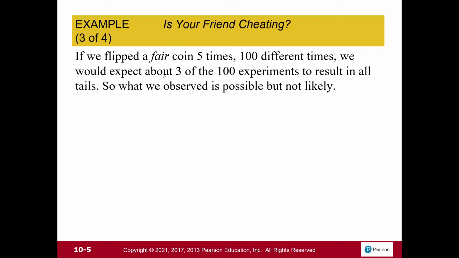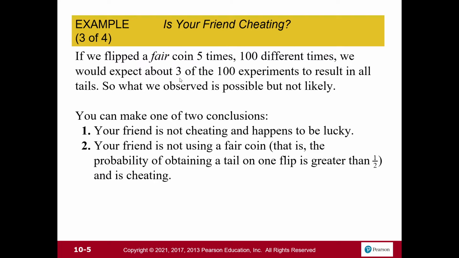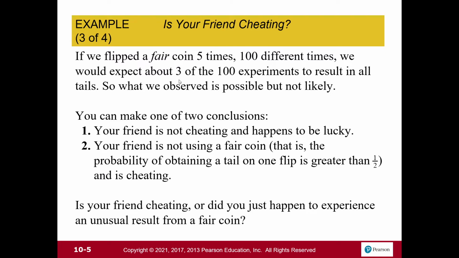And if we were to do this 100 times, we'd expect about 3, right? So you can make 1 of 2 conclusions, all right? Your friend is not cheating and happens to be lucky. Your friend is not using a fair coin. Now, is your friend cheating, or did you just happen to experience an unusual result from a fair coin?